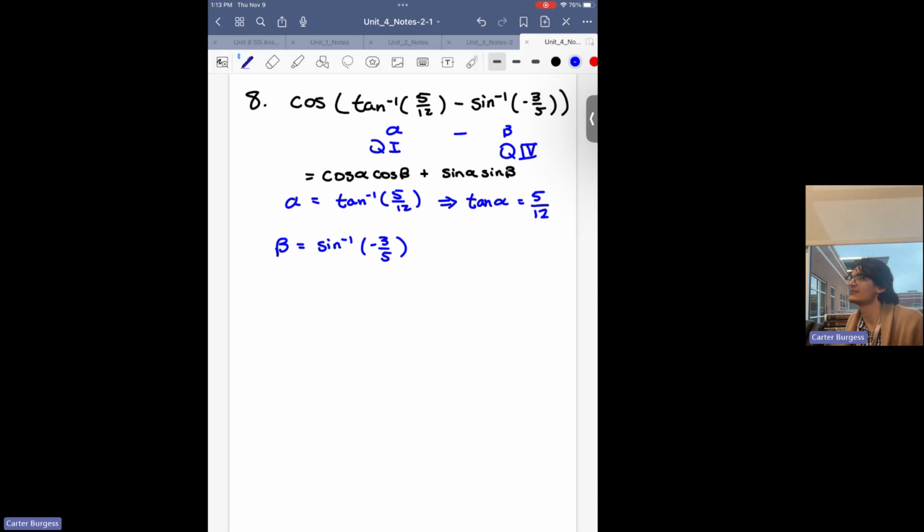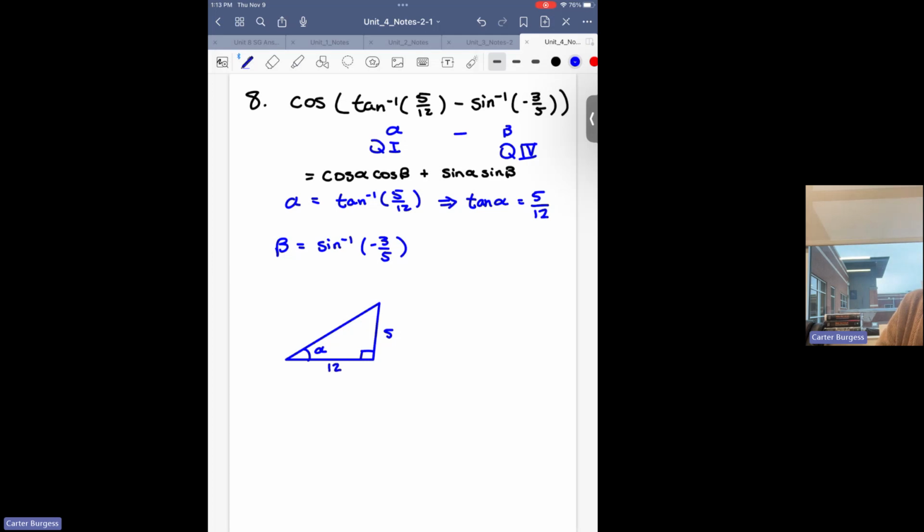What information does that give me? Yeah, absolutely. This is my opposite and my adjacent. If this is alpha, then opposite is 5, adjacent is 12.